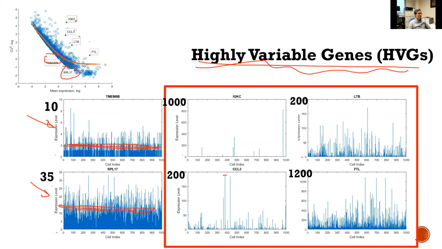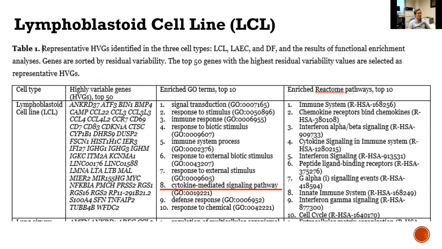Now our question is, once we identified those highly variable genes in the cell line, whether those highly variable genes associate or enrich with any particular function. So for lymphoblastoid cell lines, we identified several of these highly variable genes, and then we studied the enriched gene ontology terms associated with these genes, and those are the results.